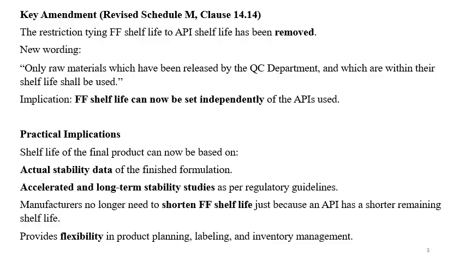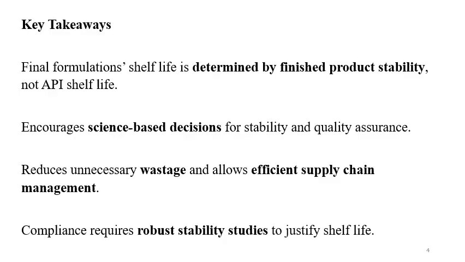So as you know, we perform the stability studies on the final formulation in the final packaging at different conditions like accelerated, intermediate and long-term. So based on that data, you can assign the shelf life. Manufacturers no longer need to shorten shelf life of the finished formulation just because an API has a shorter remaining shelf life. It provides flexibility in product planning, labeling and inventory management.